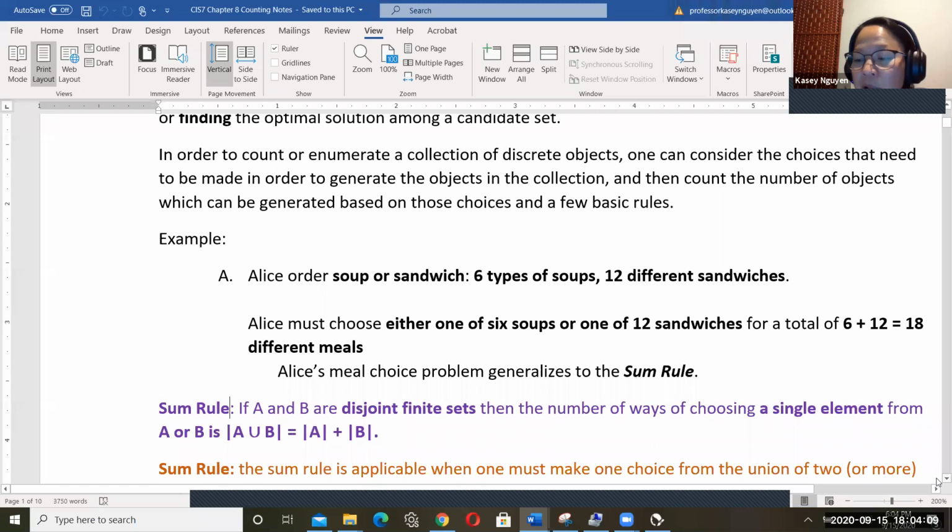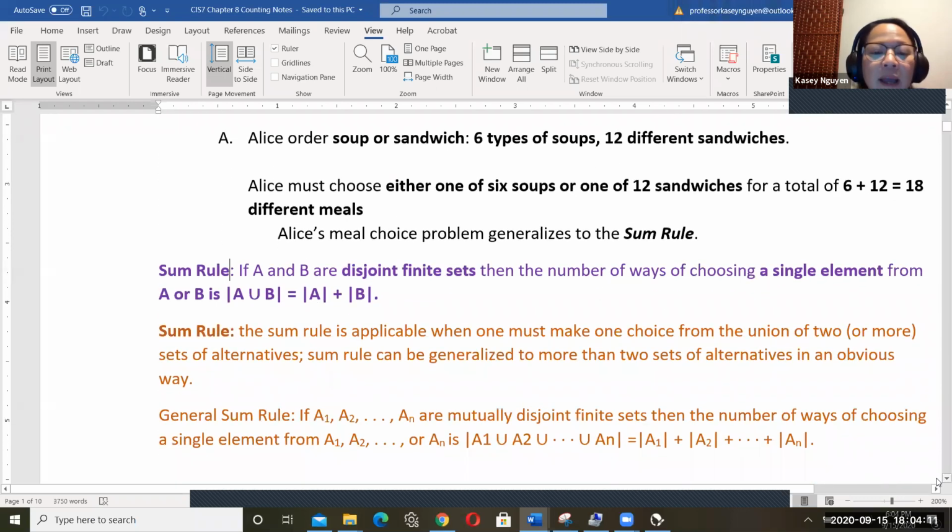The sum rule, as defined on page 1, is applicable when one makes one choice from the union of 2 or more sets of alternatives. In this case, we have soups and sandwiches, the union of the 2 choices, but Alice has to make one choice out of the options.